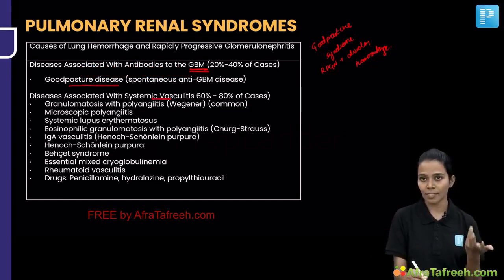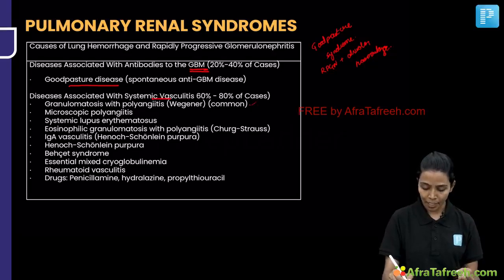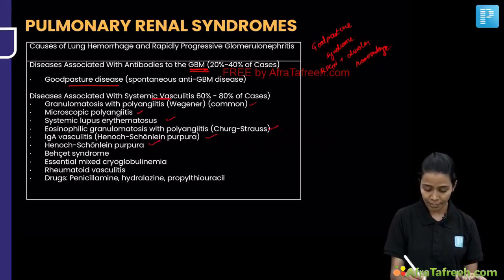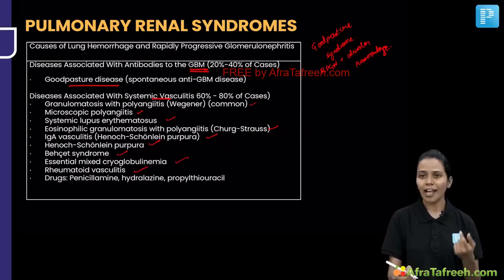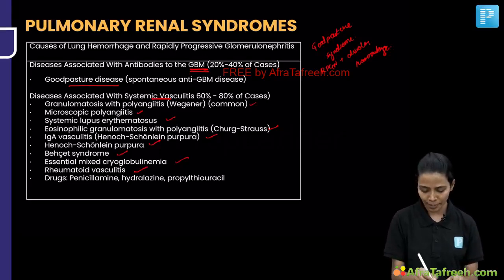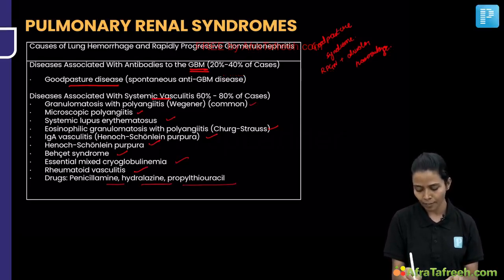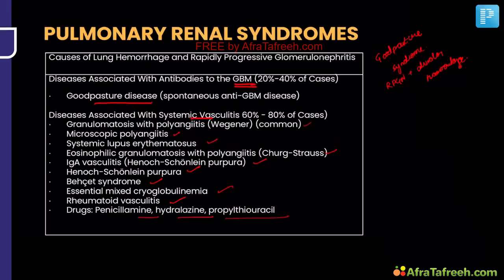Diseases associated with systemic vasculitis can be granulomatosis with polyangiitis, microscopic polyangiitis, SLE, Churg-Strauss syndrome, IgA vasculitis, HSP, Behçet's, cryoglobulinemia, rheumatoid arthritis, and drugs which can cause vasculitis like penicillamine, hydralazine, and propylthiouracil. So these are basically the causes whichever can cause vasculitis.